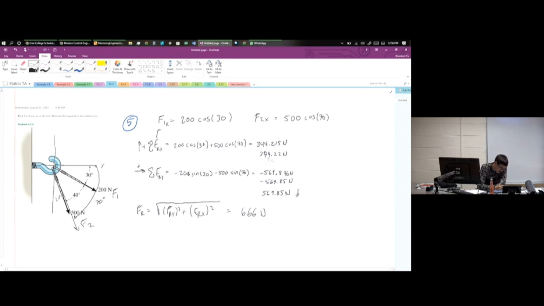And then your F1y is going to be what? Cosine 30, and we're going to put that negative sign there because we're saying that going down is negative. And then your F2y is going to be that negative 500 sine 70. Yes, another question?